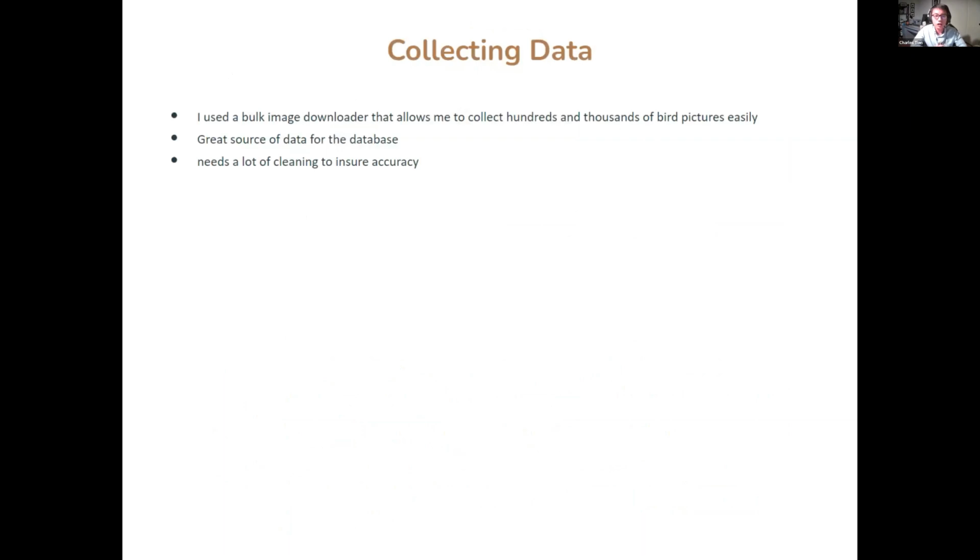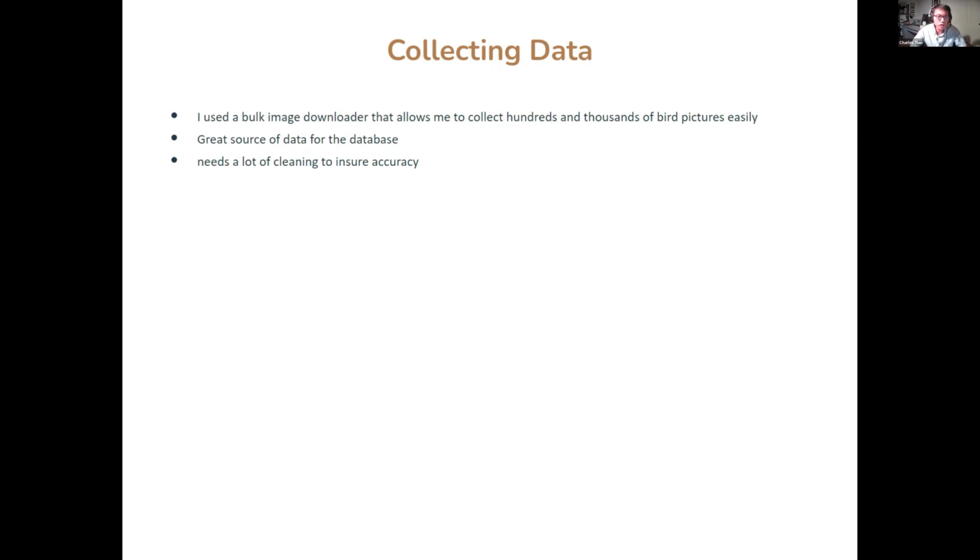And then finally, to train my AI engine, I definitely need a lot of data. So like a lot of bird pictures for each species of bird. And there's no way I'm going to collect all of those in the wild, especially since I don't live near all birds.